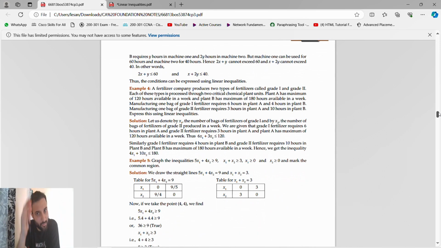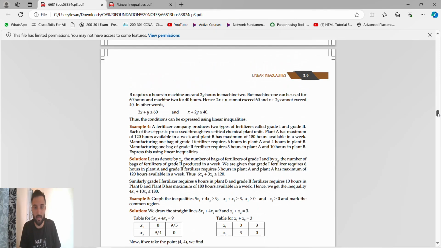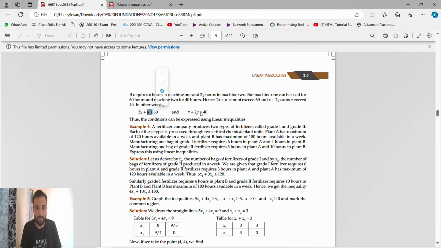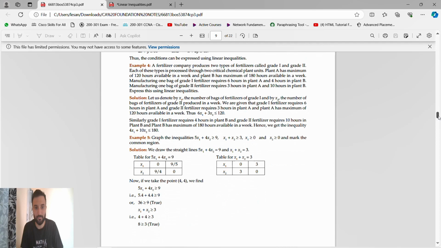If one is greater than, all will be greater than. Don't read every step for all the equations. From word problems to equations, see the symbol. If one is lesser than, all are lesser than. One is greater than, all are greater than. So what is the symbol? Both are lesser than. What will be the graph? Yes, at the corner when both are lesser than.